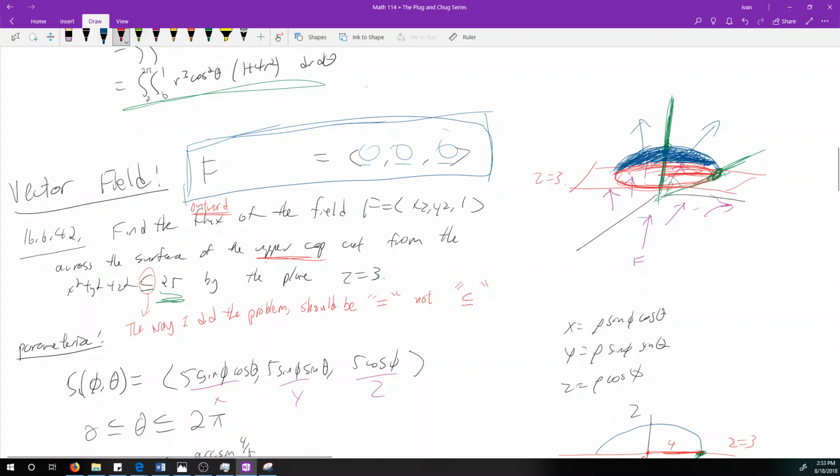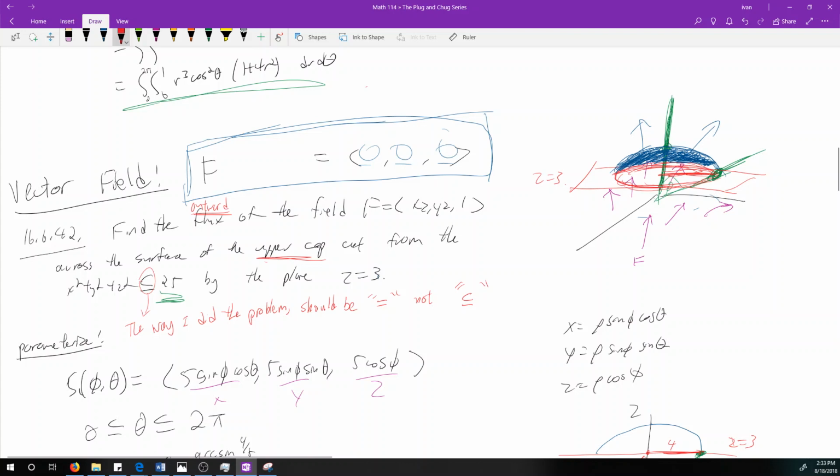I said there was no lid. By this drawing, you can obviously see that there is no lid in my region, and that means I treated x squared plus y squared plus z squared as an equals sign and not a less than or equal to sign. So to do this correctly with less than or equal to, I need to find the flux through this bottom lid as well.